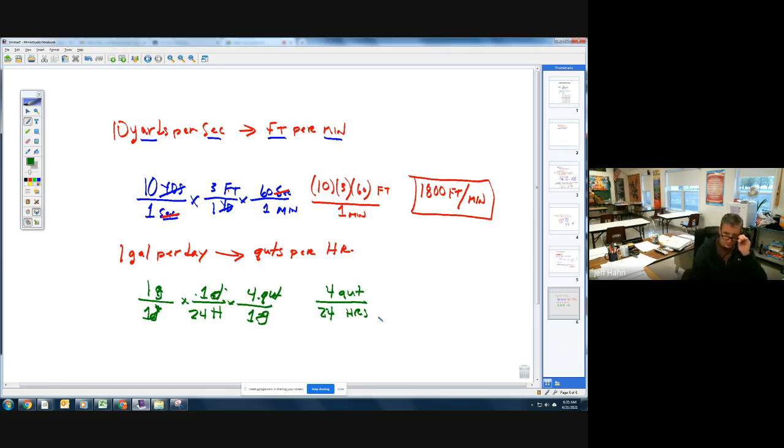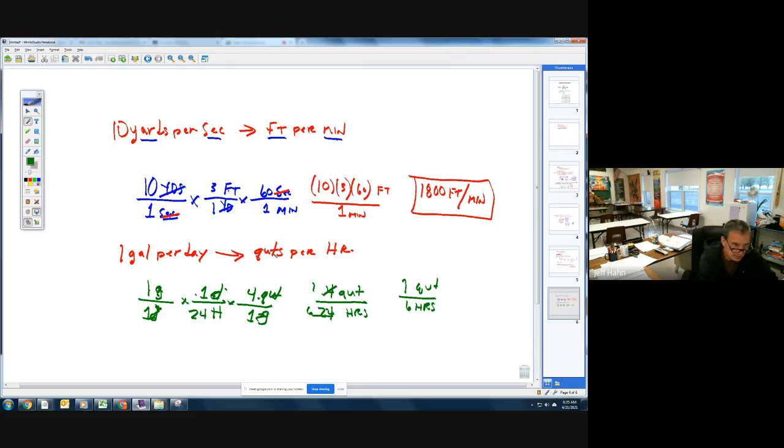Okay, now what do I do with this? Well, I can simplify this. Hold on a second. Did I do something wrong? No, I didn't. Okay, this can be reduced. 4 goes into 4 once. Boom. So I have 1 quart per 6 hours. Now, generally, in 7th grade, we don't say it like this. We kind of split it apart.